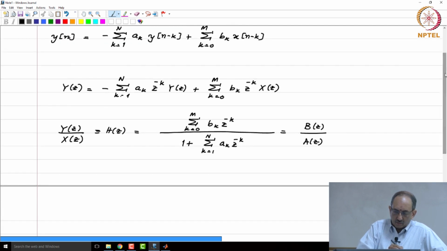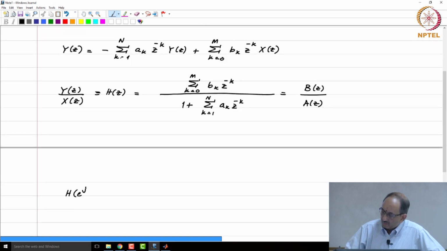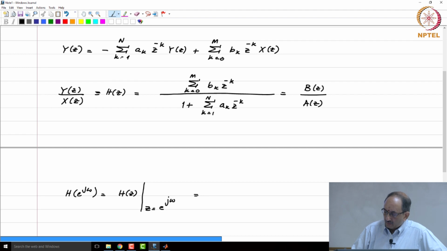So, this is the transfer function corresponding to this class, and as we have made this point before, this is the class of rational transfer functions, and the frequency response is H of z evaluated at z equal to e to the j omega. And when you are going to look at the frequency response of the above system, it is advantageous to write this in terms of the products of its poles and zeros.